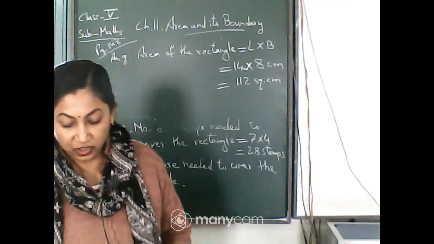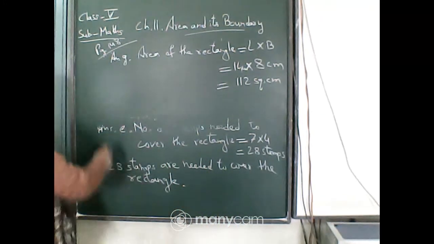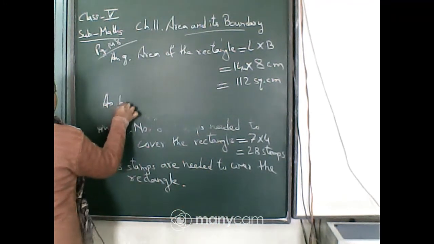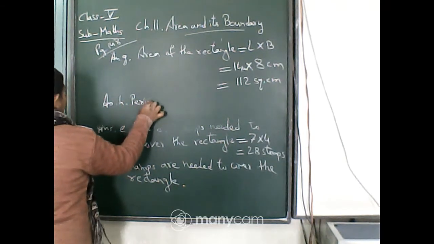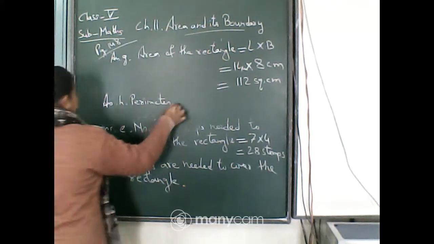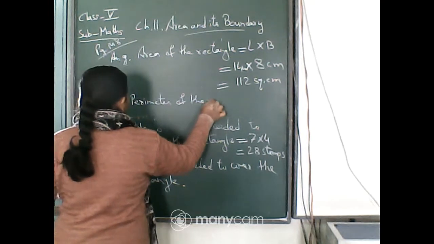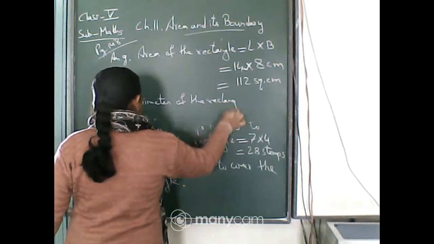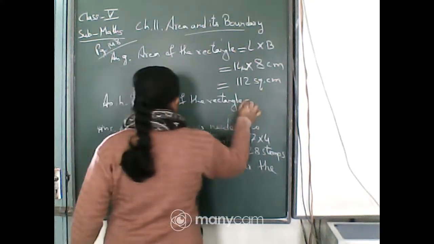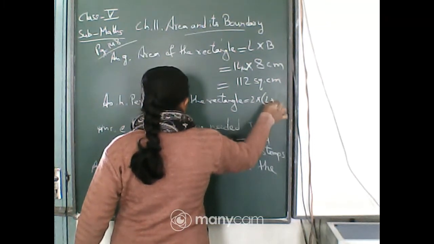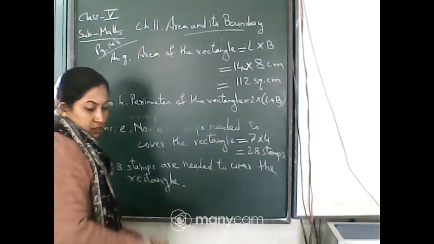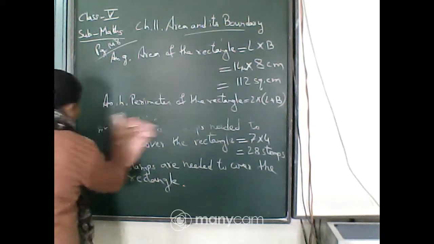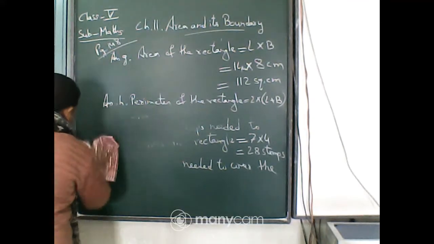Now number H, what is the perimeter of the rectangle? The formula is 2 into (L plus B). Now find it out. The length and breadth both you know.